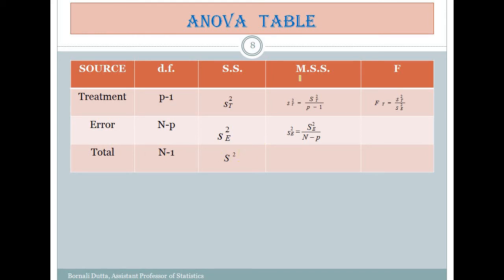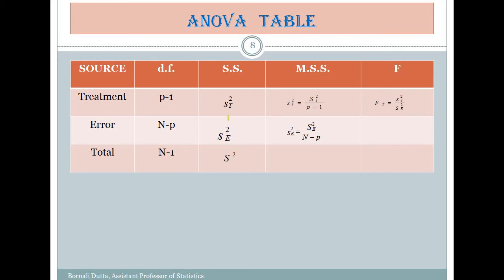And the mean sum of squares are obtained by dividing the sum of square by their respective degrees of freedom. So, the treatment mean square is obtained by dividing the treatment sum of square by its degrees of freedom p minus 1 and error mean sum of square is obtained by error sum of square divided by its degrees of freedom.